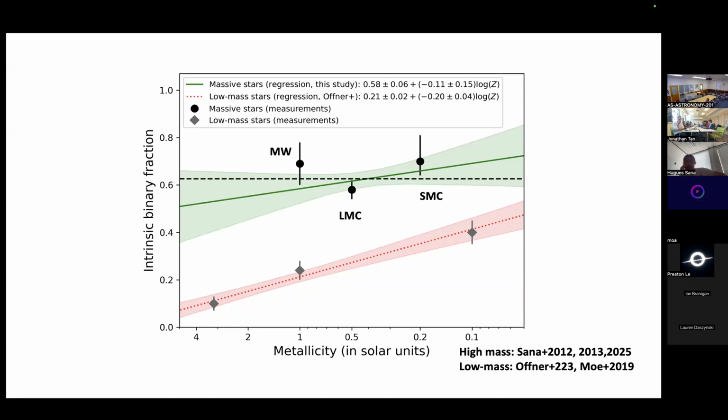So those are all Milky Way measurements. It's just that at different places in the Milky Way you can probe different metallicity environments. It's not the same for the massive stars. Because they don't live very long, you need to go to other galaxies to probe the different metallicity environments.